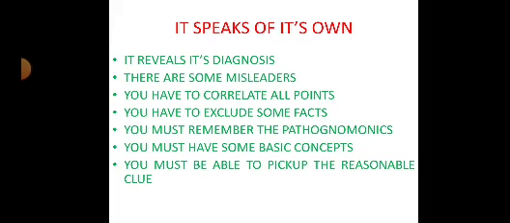Look, in some questions, a lot of information is provided with a few pathognomonic signs. It may appear that if you don't know the pathognomonic sign, then you may miss the question.